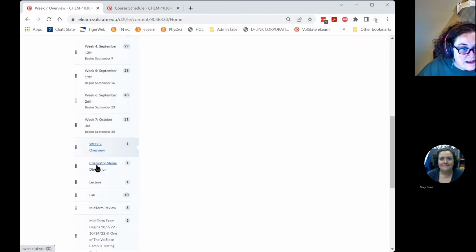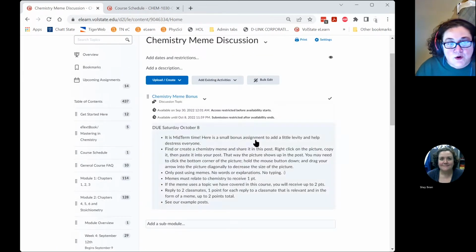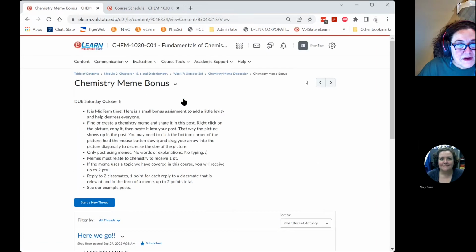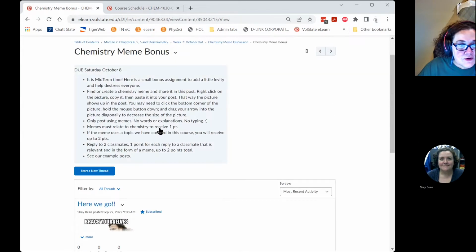If I go past the overview, I'm at the chemistry meme discussion. There is a discussion board. On this discussion board, you are looking for a chemistry meme. Professor Molish and I have started us off. Essentially, if you look at your instructions here, you are posting a chemistry meme. You're not typing to explain it or anything like that, but you're posting a meme. You get points if it relates to chemistry. You get points if it's something we've done.